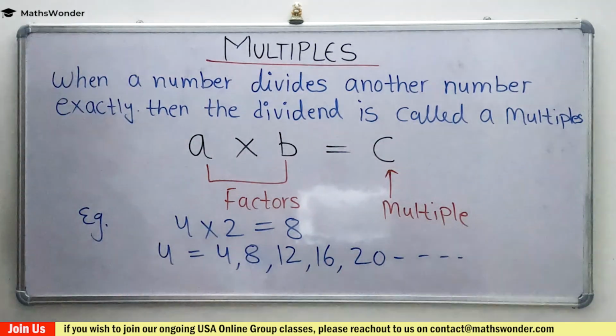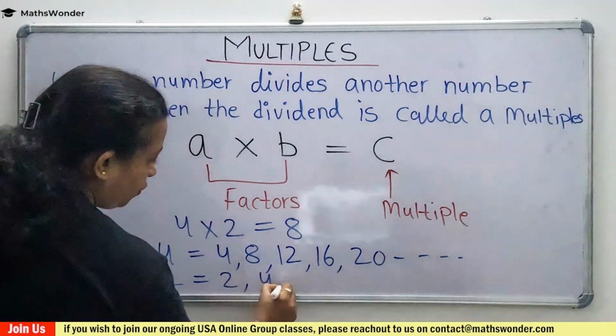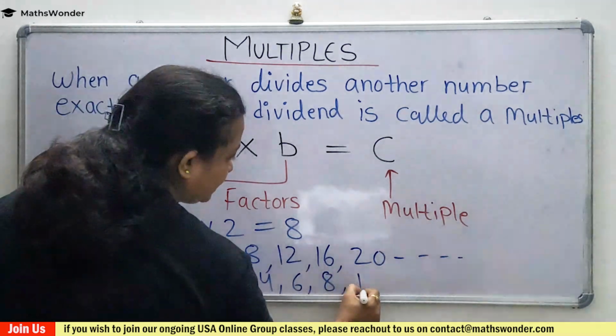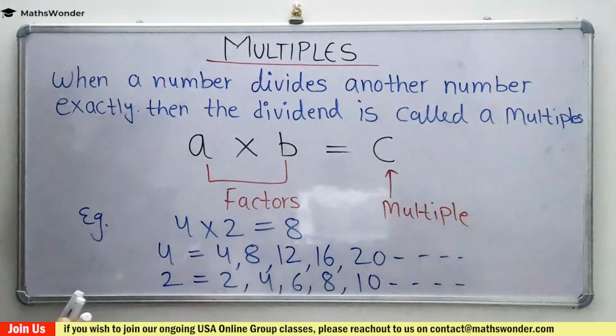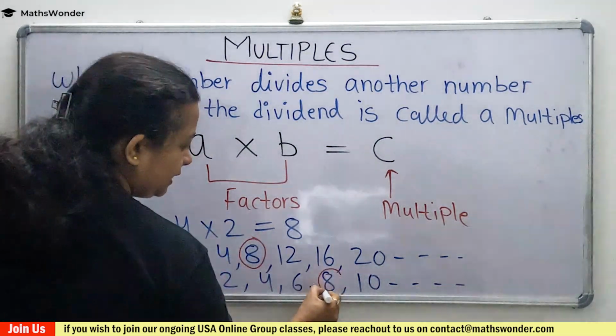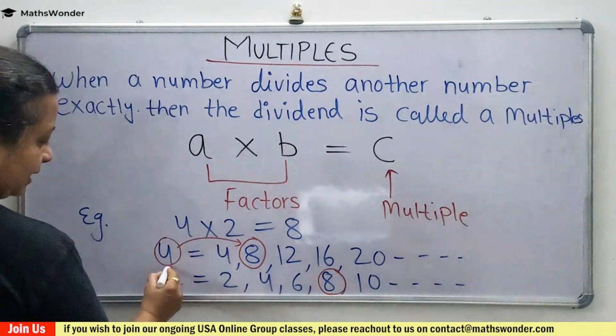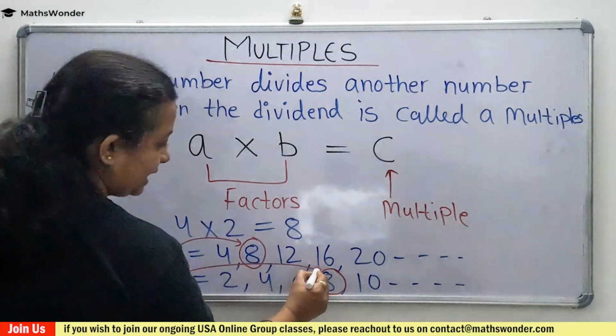When you find the multiples of 2: 2, 4, 6, 8, 10, and so on. Now what you will observe here is that 8 is a multiple of 4, and 8 is a multiple of 2.